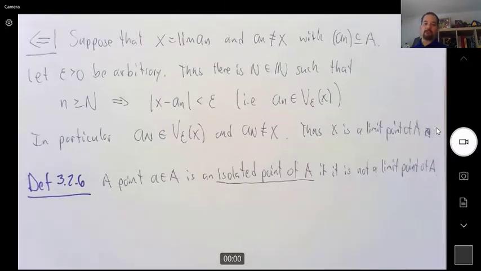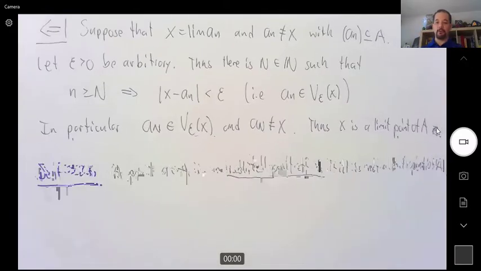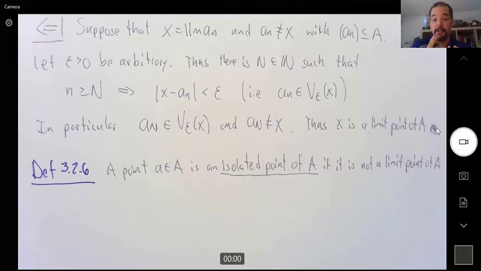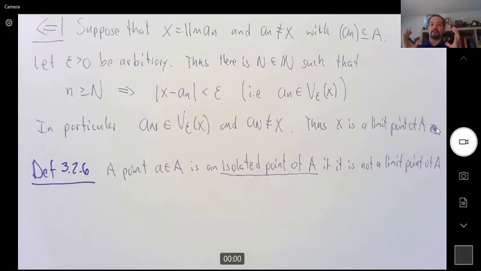So intuitively, it makes sense, right? A limit point is a point that has other elements of A nearby, no matter how close you think nearby is. There are some other elements in A that are close to it. But isolated means that doesn't happen. Isolated means that you can be by yourself in some neighborhood. You are away from the rest.